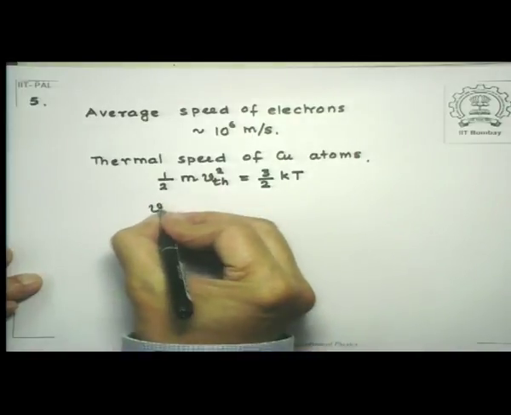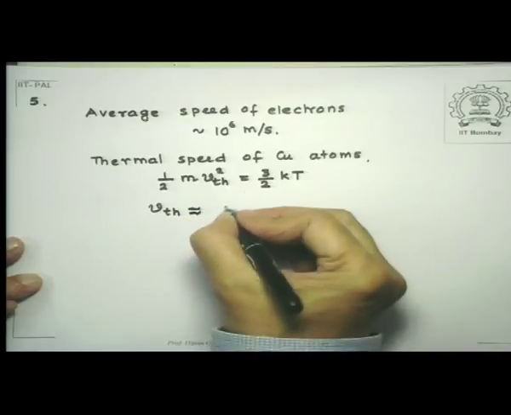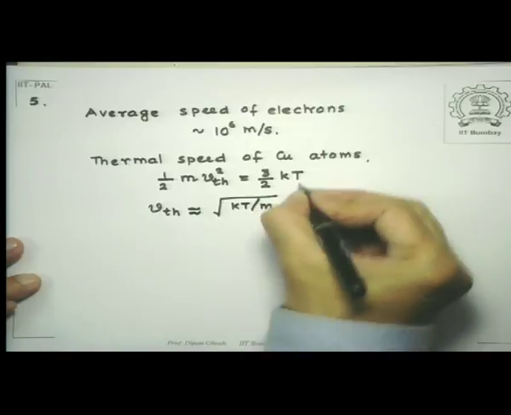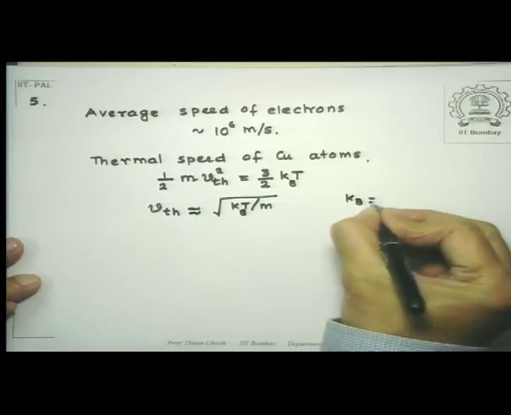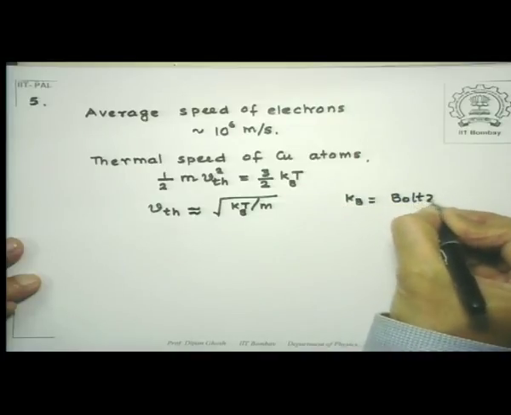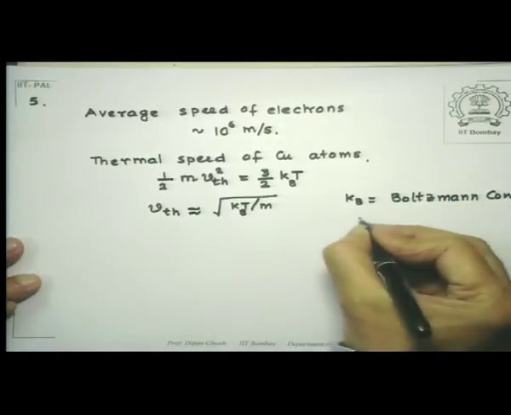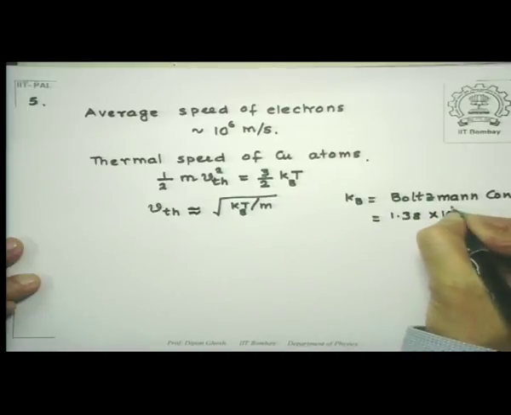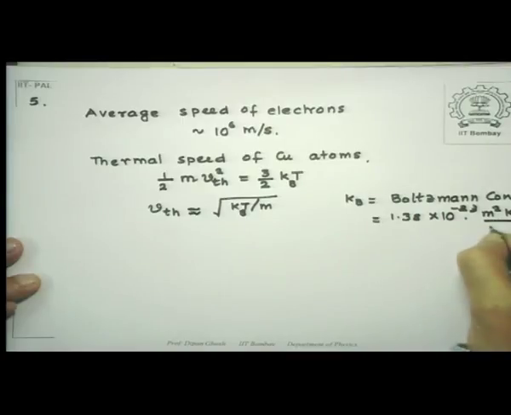So thermal velocity of the atoms is of the order of, ignoring the factor of 3 and things like that, kT over m, where k, occasionally written as kB, is the Boltzmann constant, which is 1.38 into 10 to the power minus 23 in SI unit, which has somewhat complicated dimensions, meter square kg per second square degree.